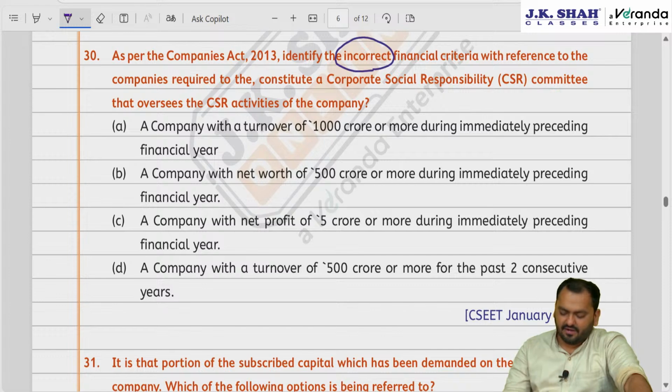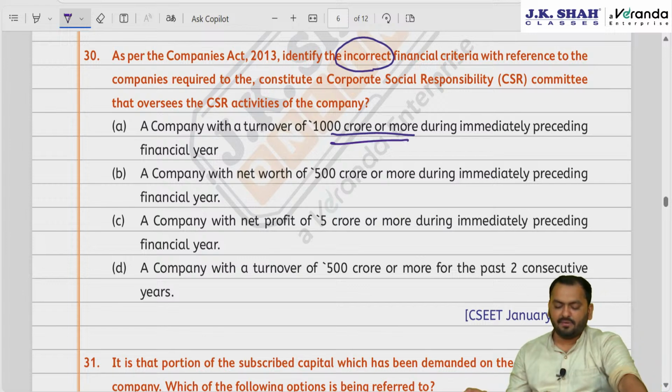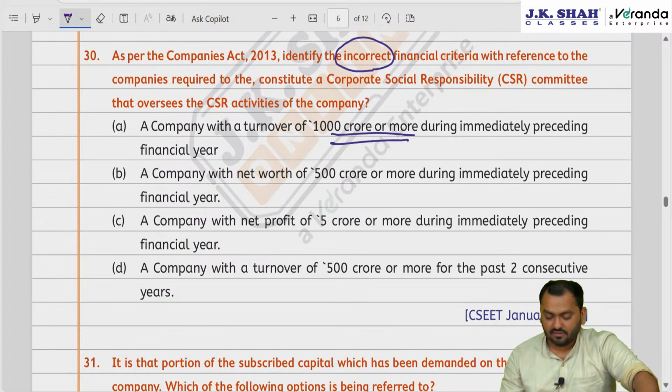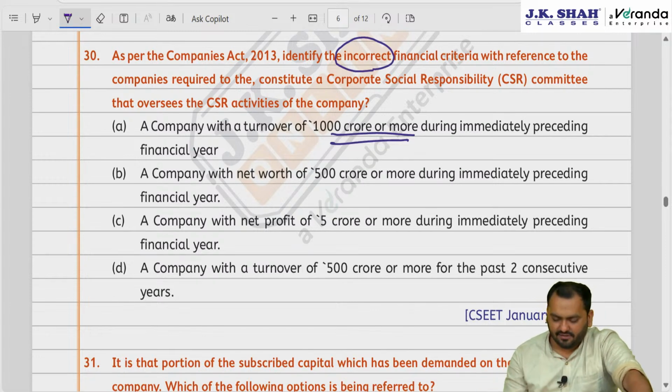First, if a company has a turnover of 1000 crore or more during the immediately preceding financial year, as per 135 this is a correct criteria.